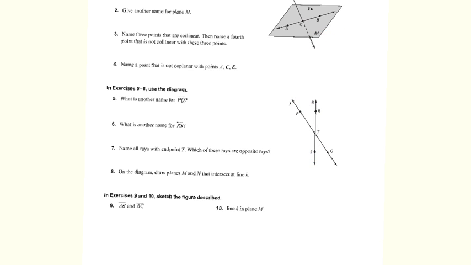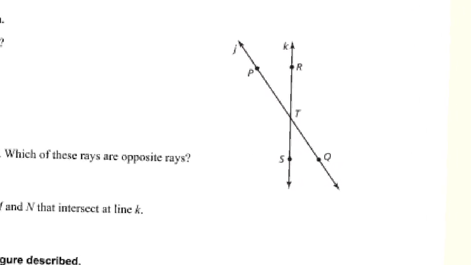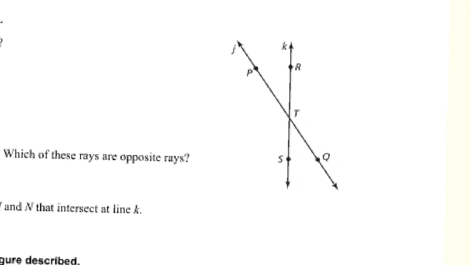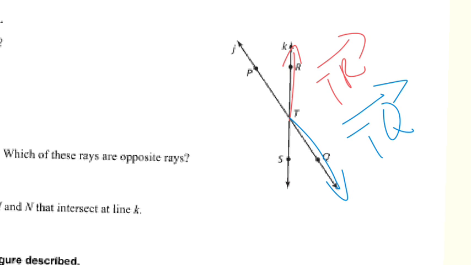Okay, next up it says, name all rays with endpoint T. So I'm going to zoom in here just a little bit. Endpoint T. So let's take a look. We have TR. We have TQ. We have TS. My handwriting's terrible.